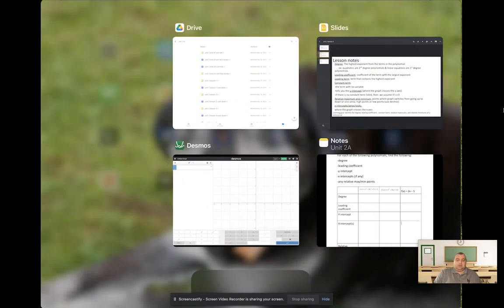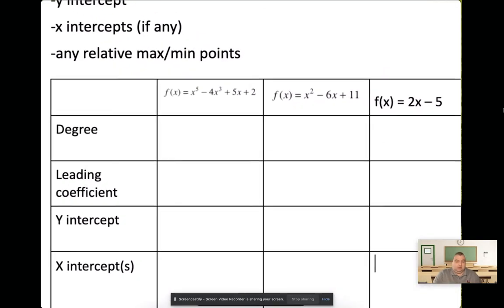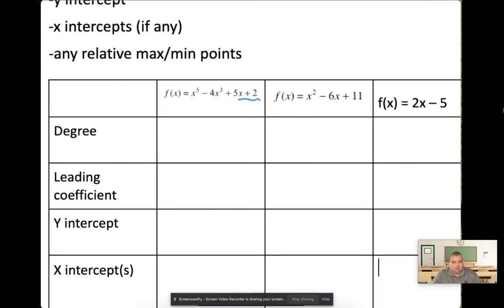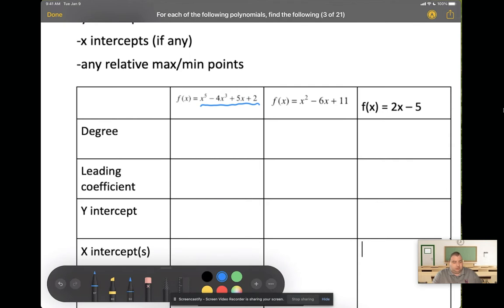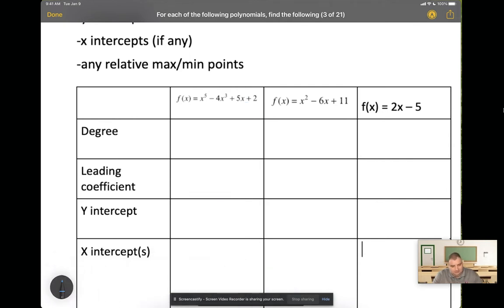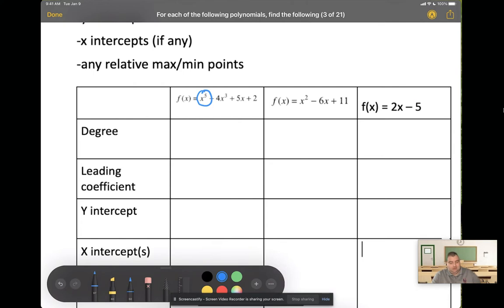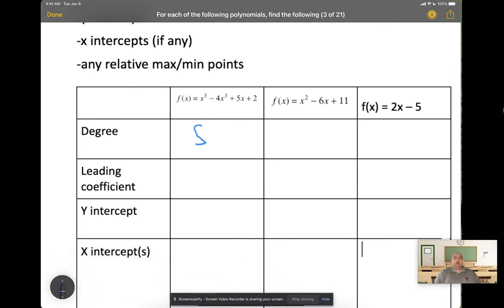So when I look at this polynomial for number 1, which term has the highest exponent? It's this term right here. And what is that highest exponent? It's x to the 5th, x to the power of 5. So we would say that that polynomial has a degree of 5. Okay?